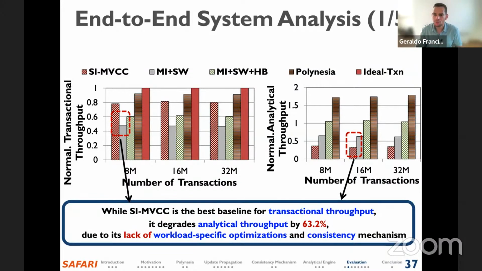So we kept analytical throughput as a baseline for us to compare. We could also have shown ideal transactional and ideal analytical, but it would overcomplicate the plot a little bit, because now you have to analyze two things happening at the same time with different metrics. So there's no special reason. It's just the methodology that we thought would simplify the explanations.